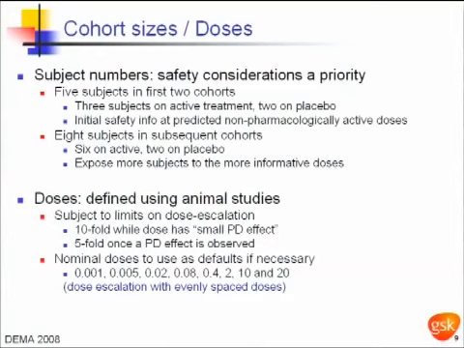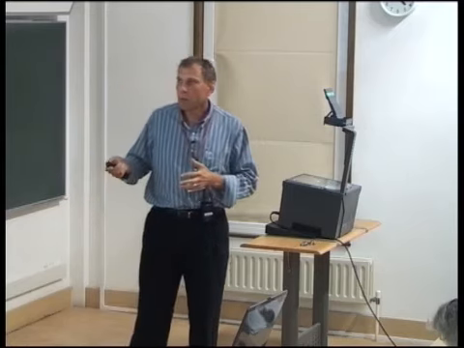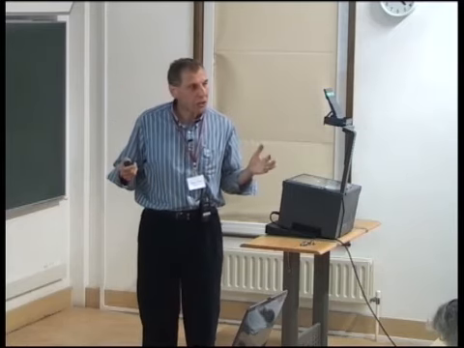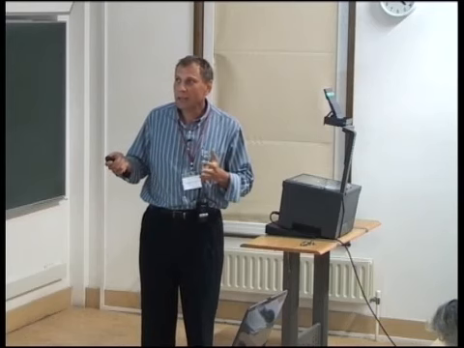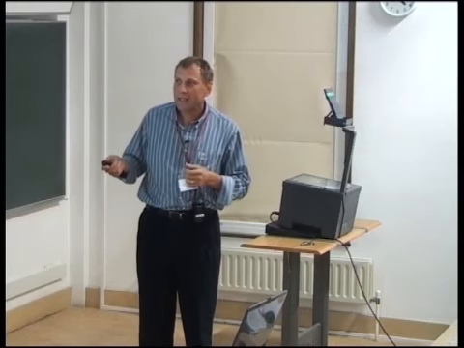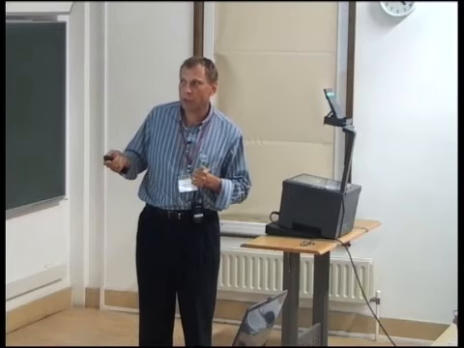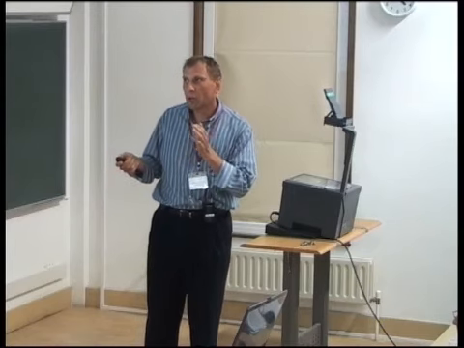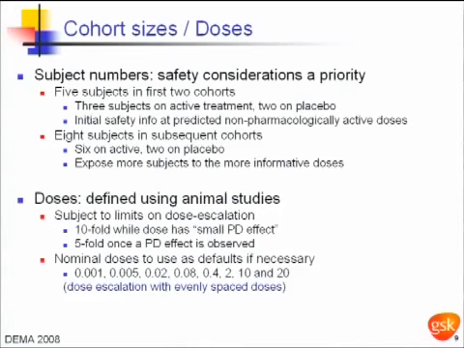Doses. The initial doses, as usual, are defined using animal studies. And they are subject to limits on dose escalation because when we do this study in real life, we'll do estimation and we'll try to find doses, and there will be some threshold introduced, which means small PD effect or large PD effect or vice versa here.